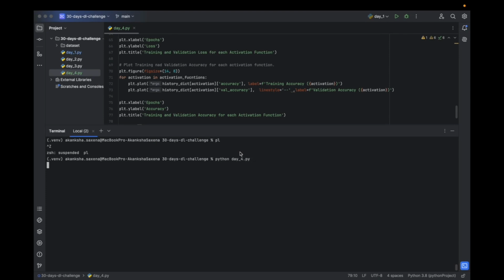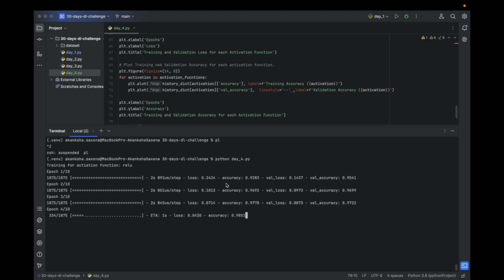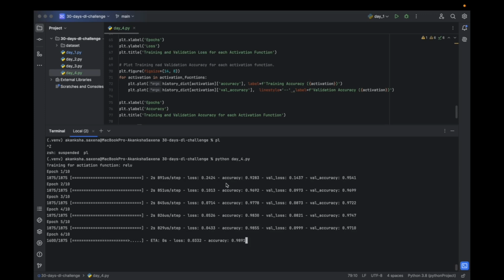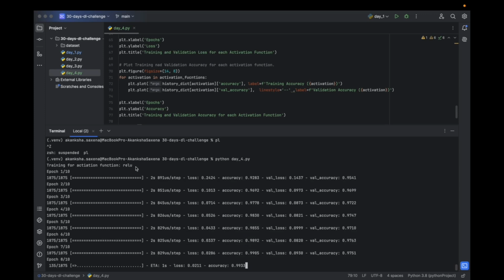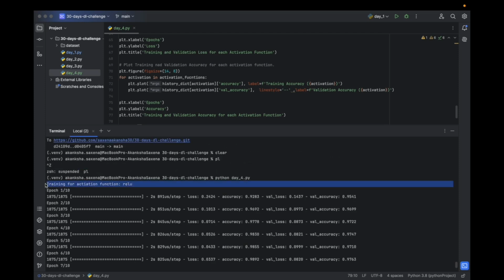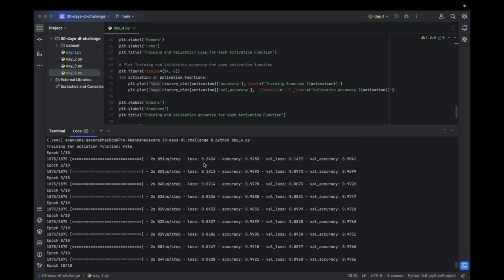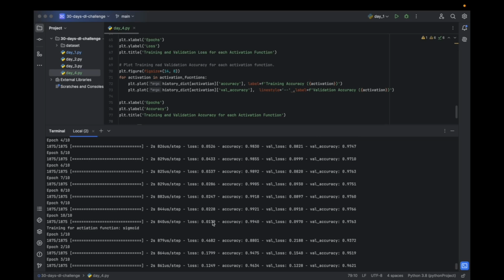And now we should be able to see the epochs training. See, initially the loss is like this. Let it generate and then we will decode it. It will take hardly a minute. So it is done with the rectified linear unit training. We see that the loss started with 0.24 and ended with 0.01.